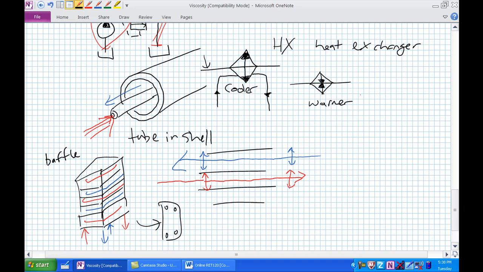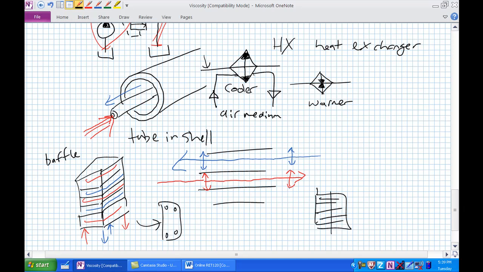The other thing too is those filled in arrows that I used right there for the cooler, if that was an empty arrow, basically not filled in, it means there's an air medium, an air cooling medium, a fan. Think about a radiator.